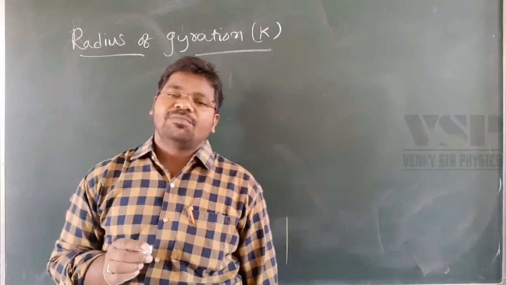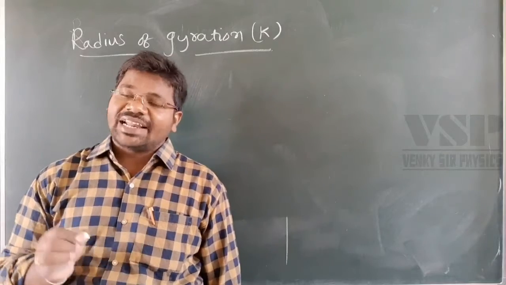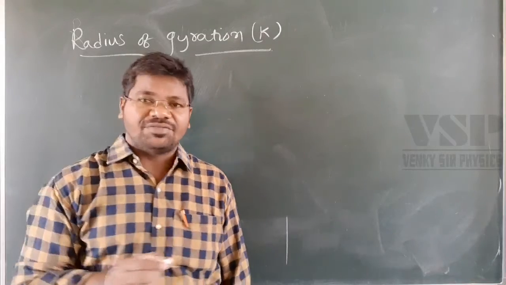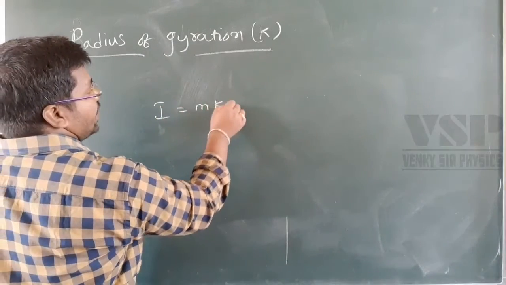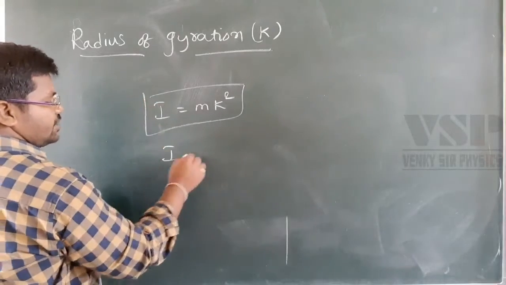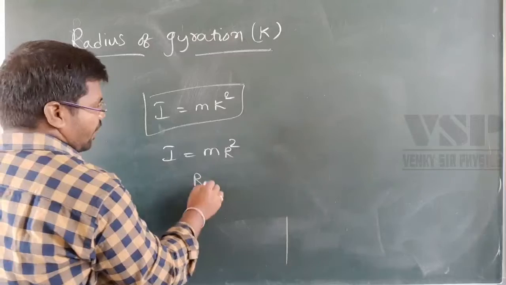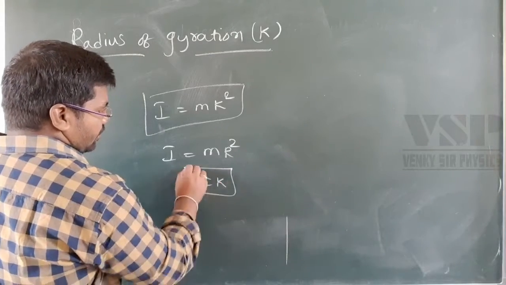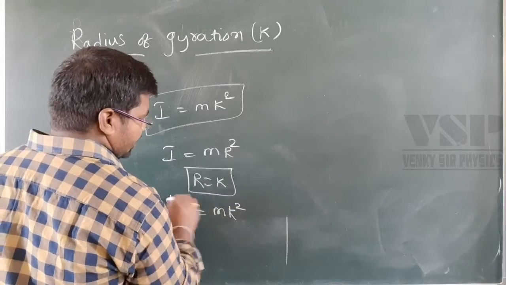The product of mass and square of the radius of gyration gives the moment of inertia. I is equal to m k square. We know that I is equal to m r square; instead of r, taking k, we get I is equal to m k square, my children.